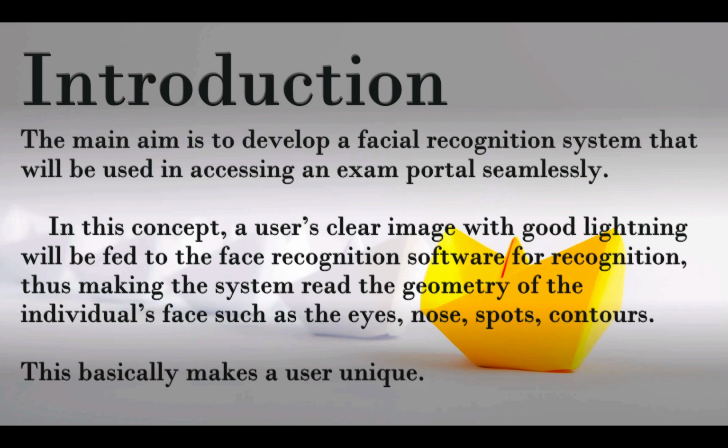I'll be demonstrating that later in the course of this presentation. This picture goes straight into the database, and it acts as the signature of the user when next the user wants to access this system.